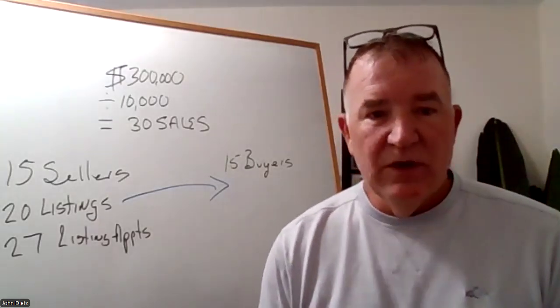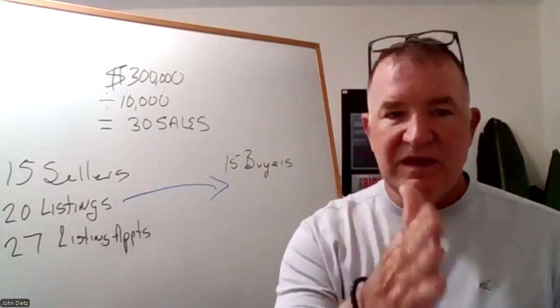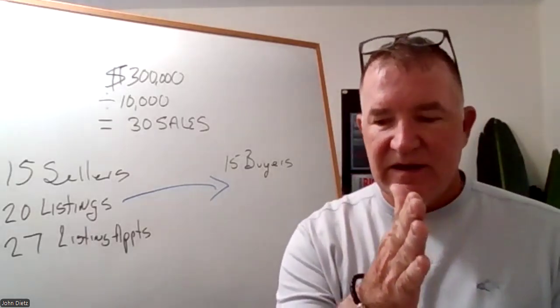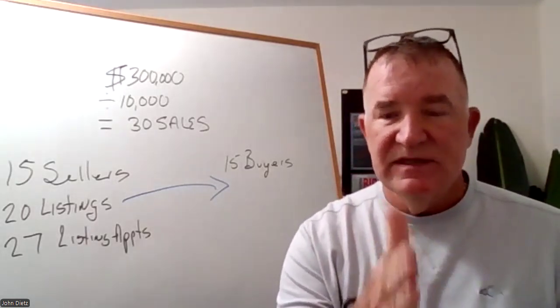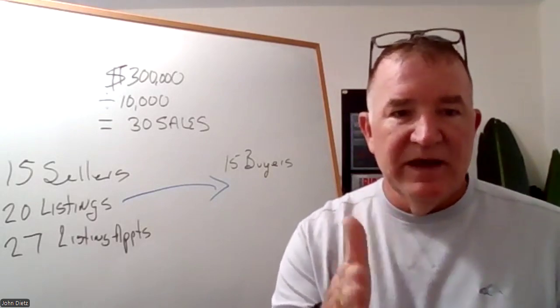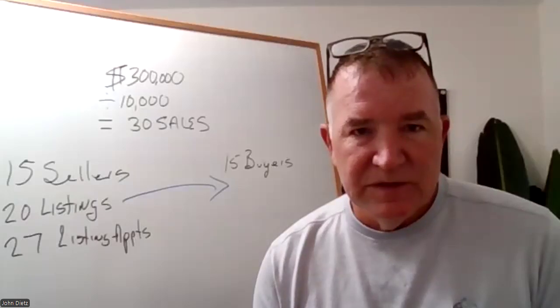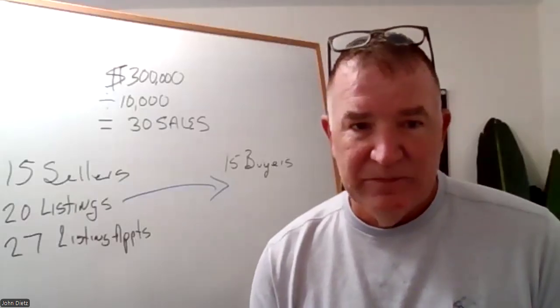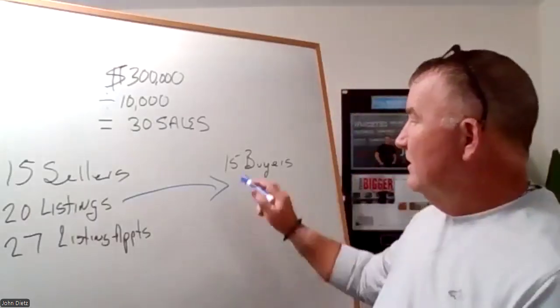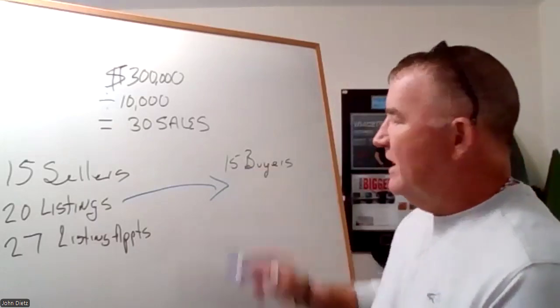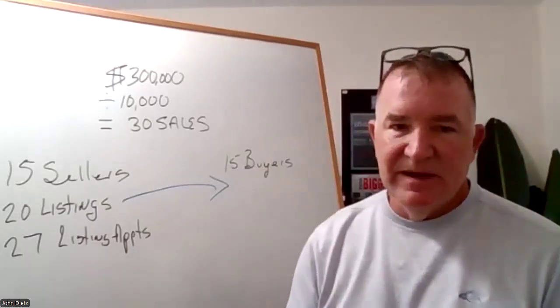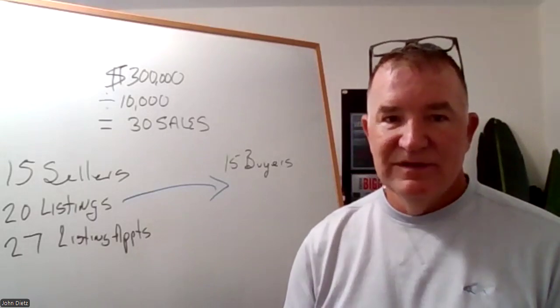Now, your ratio from meeting with a buyer in a buyer consultation to a signed exclusive buyer agency agreement might be less than 75%, maybe it's 50%. So in order to close 15 buyers, I want you to take that and divide it by 0.90.